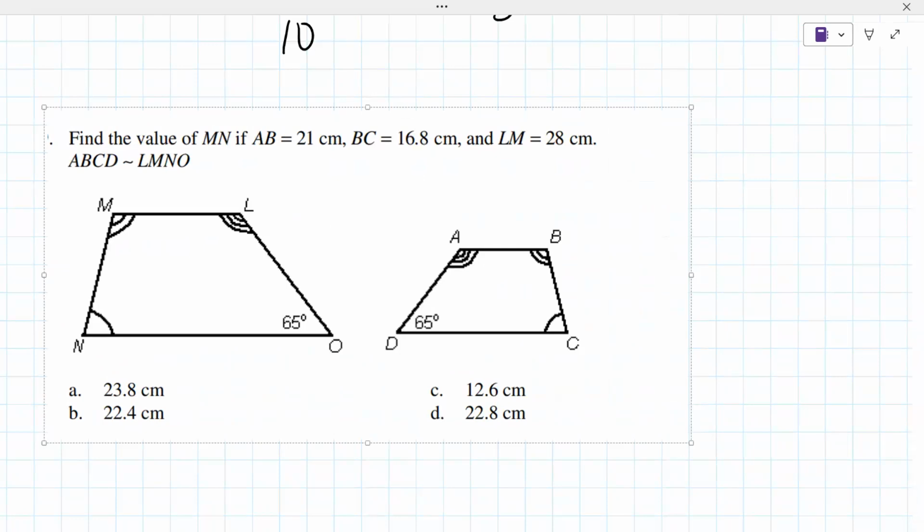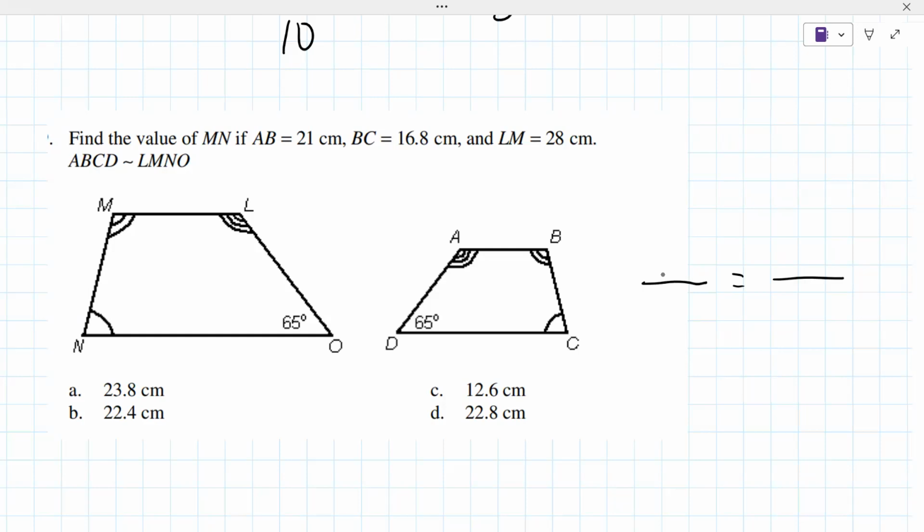So the key here is to set up the proportion. I'd like you to set up the proportion and then let me know so I can check before solving it. So can I use B and C and L and M on one side of the proportion?